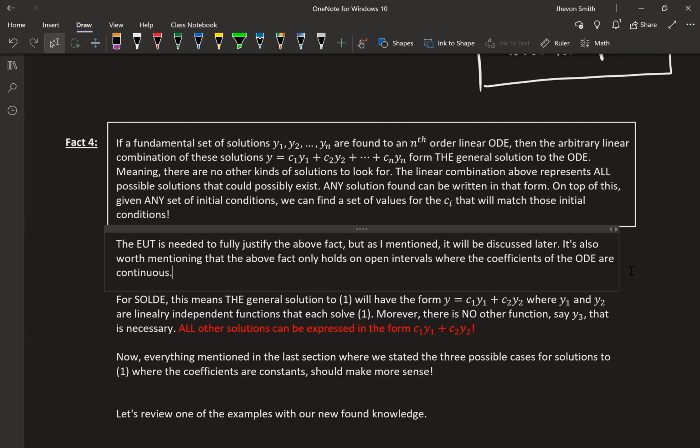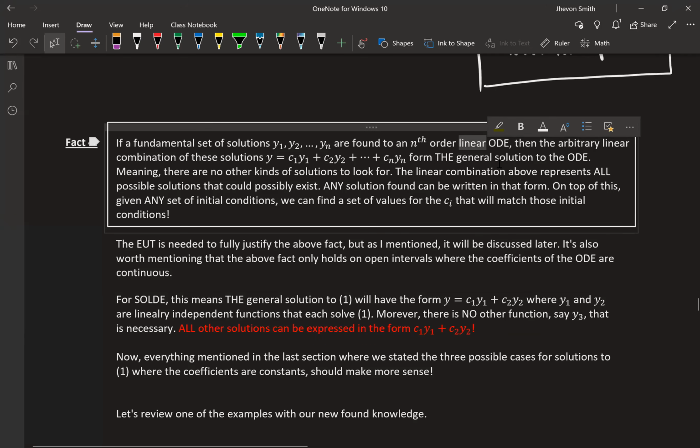If you can find n linearly independent functions that solve an nth order linear ODE, then it turns out that that is the general solution. A linear combination of those is the general solution. Every solution that could possibly exist for that ODE can be written in these forms.